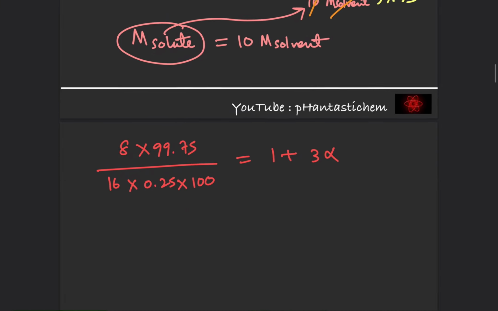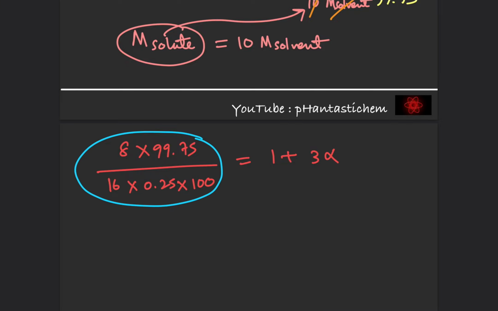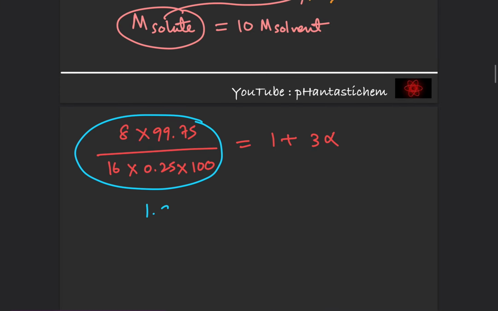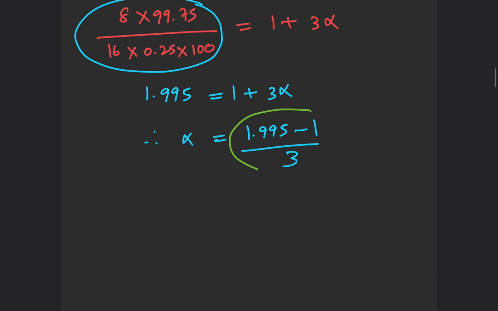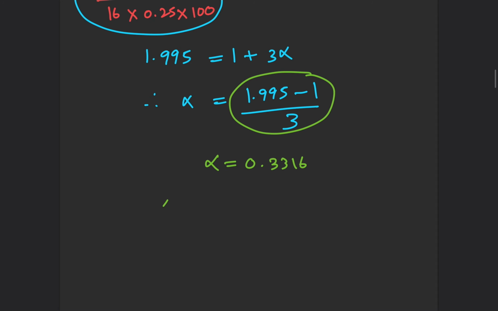Okay, when you do this calculation, you will get 1.995, that is equal to 1 plus 3 alpha. So alpha will be equal to 1.995 minus 1 divided by 3. After doing this calculation we get alpha as 0.3316, and our aim is to calculate alpha into 100, so it will be equal to 33.16.